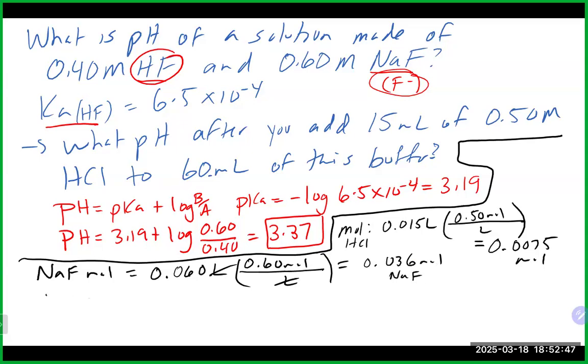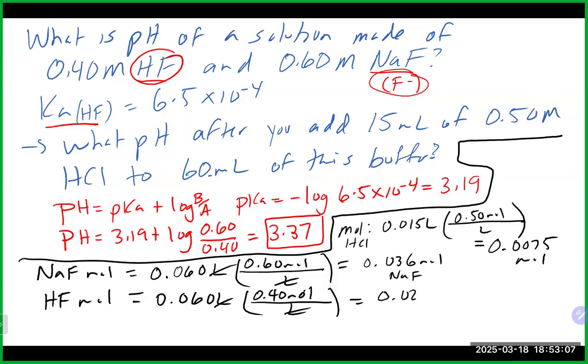And lastly, our HF moles. Same beaker, same amount of volume, 60 milliliters converted into liters, times the molarity, 0.4 moles per liter. Again, liters cancel. 0.06 times 0.4 is 0.024 moles of our HF. Any questions on those calculations?